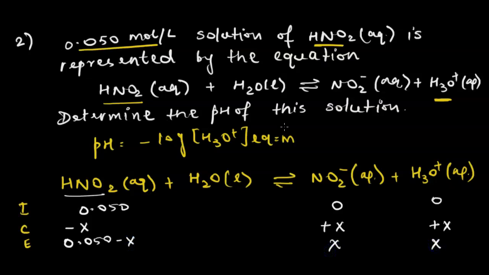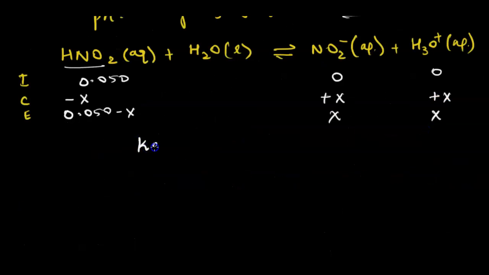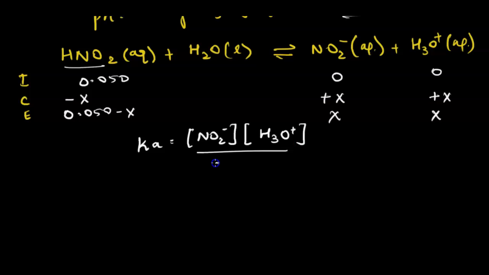Whenever we are given a question of this type, we would always be given the Ka value. So the Ka value is known to us for HNO2, and that is equal to 5.6 times 10 to the power negative 4. So using the equation, we would write down Ka equal to the concentration of NO2 negative times the concentration of hydronium ions divided by the concentration of HNO2.